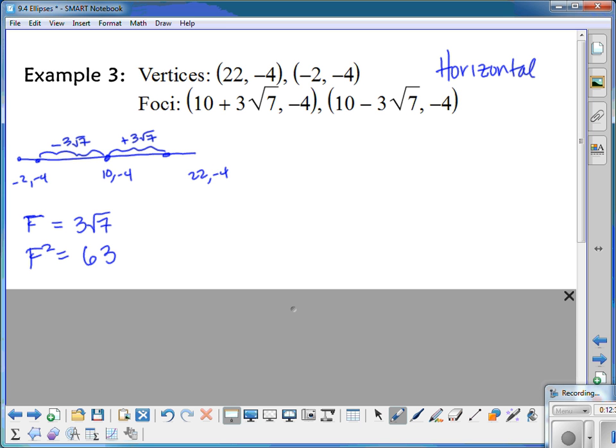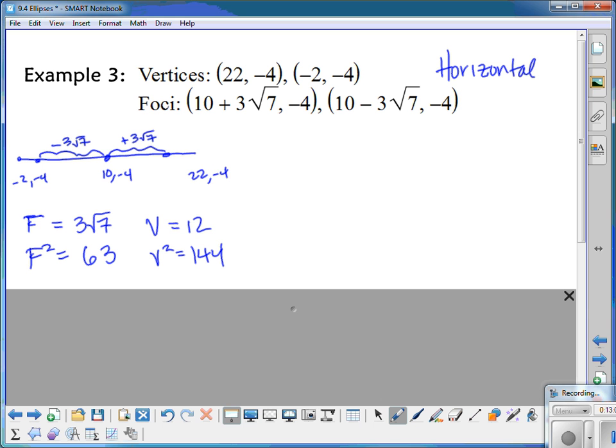And then I know v squared because I can figure out the distance v from 10 to -2, or from 10 to 22. How far did I go? I went 12, right? So my v squared is 12 squared, or 144.